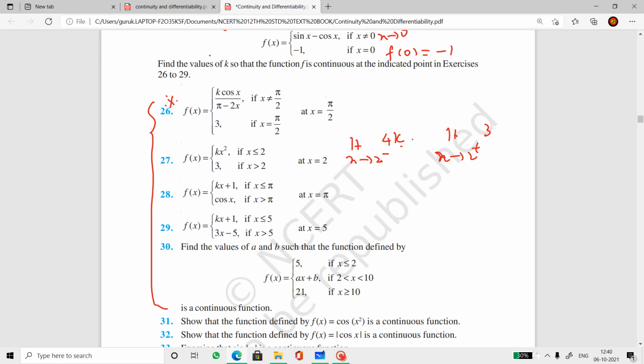So LHL equals RHL, so 4k equals 3, k equals 3 by 4. That's how we do it. 28, 29, 27 are very simple. When it comes to question 30, do LHL and RHL for 2 and then do LHL and RHL for 10. You get two simultaneous linear equations. Solve and find the values of A and B.